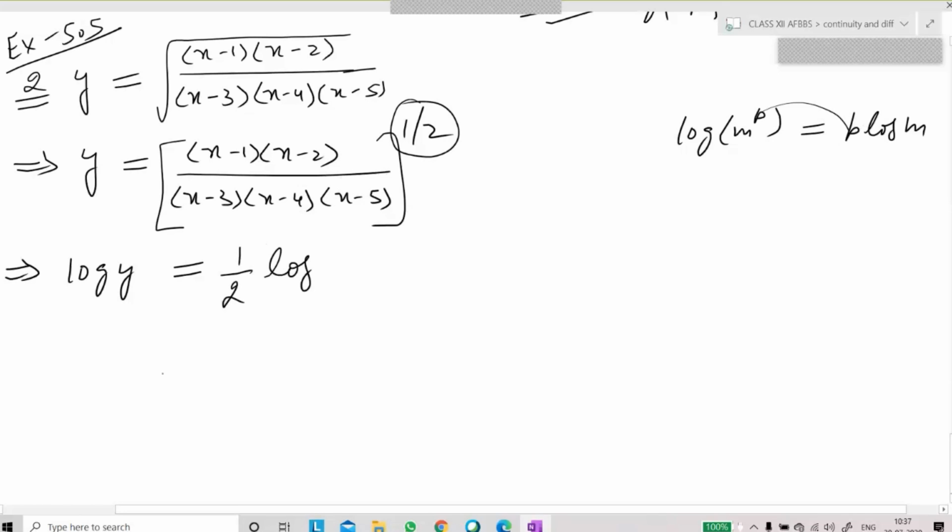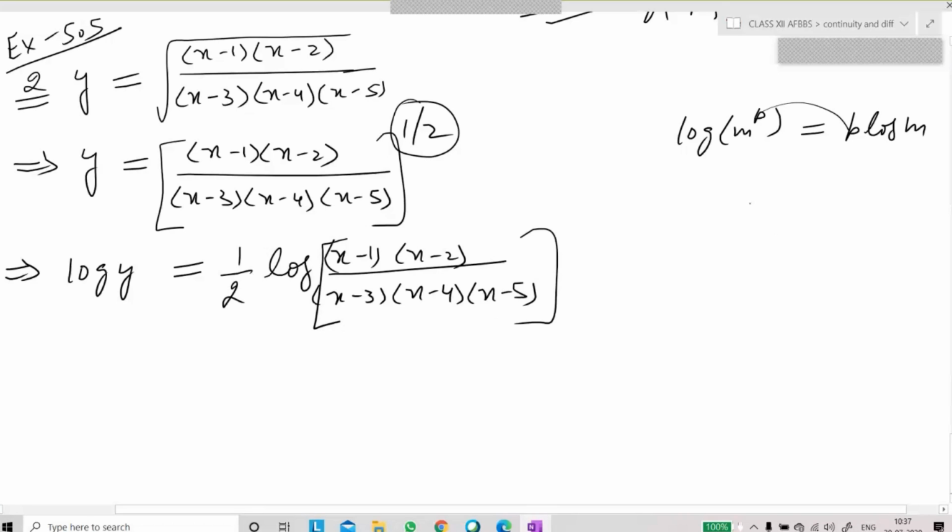So 1 by 2 comes here into, we write the whole bracket, (x minus 1)(x minus 2) upon (x minus 3)(x minus 4)(x minus 5).